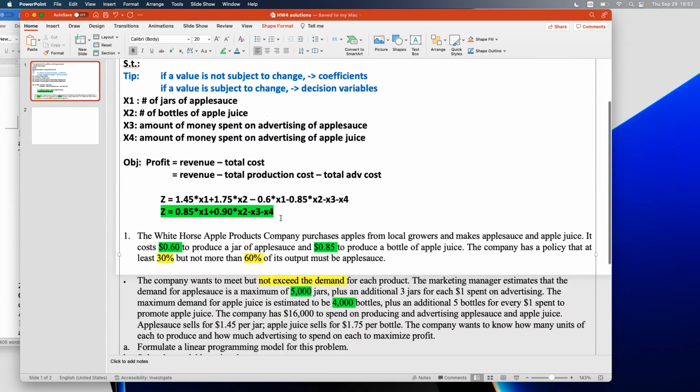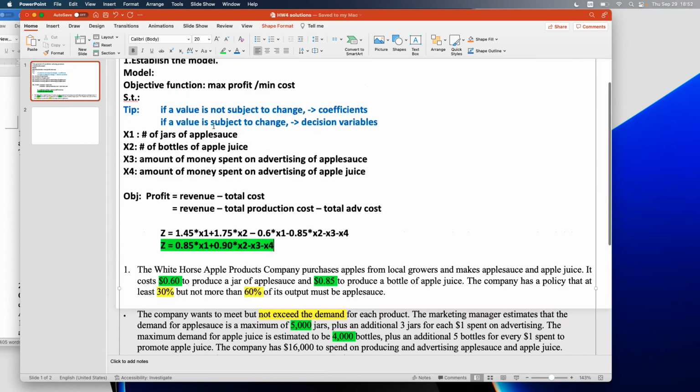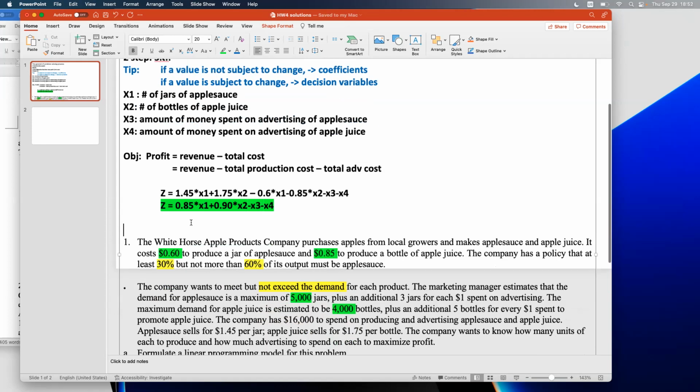So that's the first step. The second step, you have to determine the constraints. Let's talk about all the constraints.